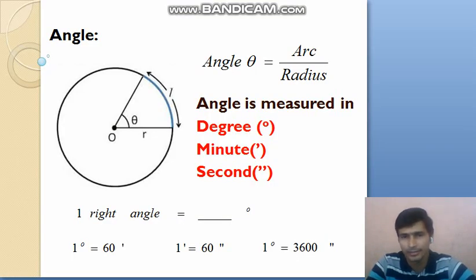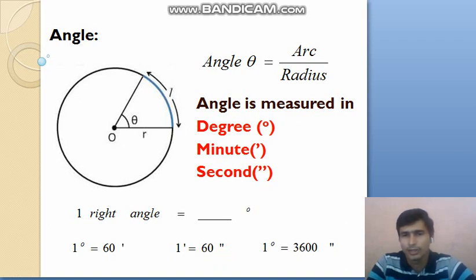What is the angle? Angle is defined as the ratio of the length of the arc subtended at the center of the circle to the radius of the circle.